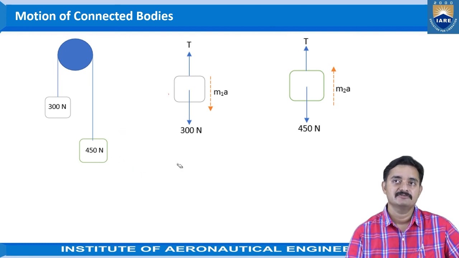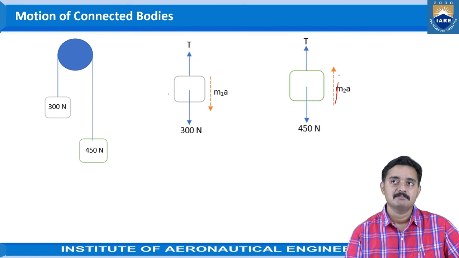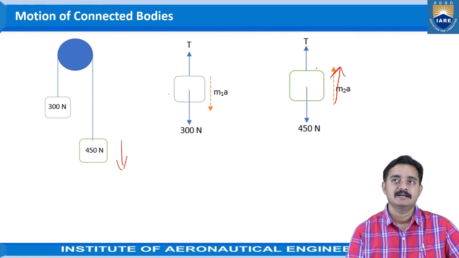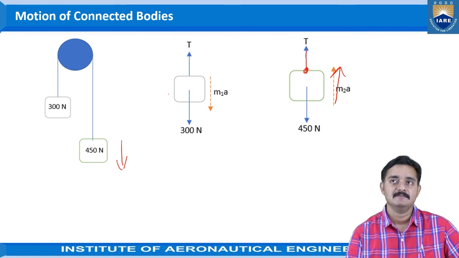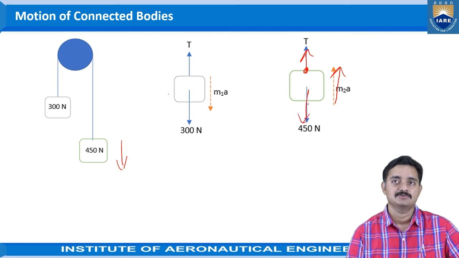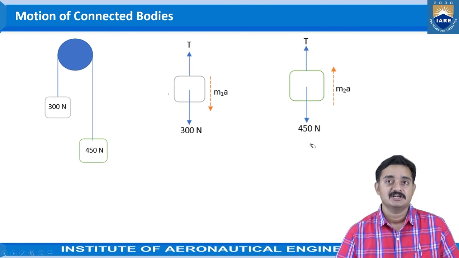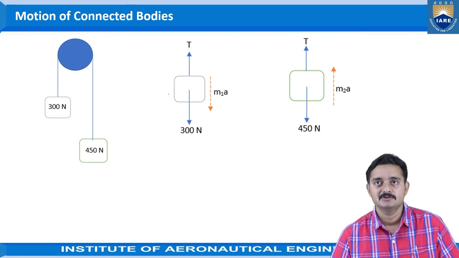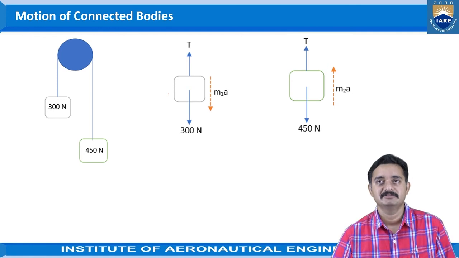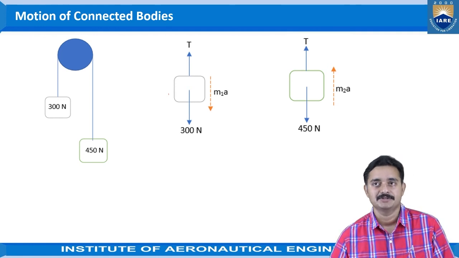So the inertia force will be given in the upward direction, as this 450 Newton has an acceleration in the downward direction, and the tension in the connected string and weight are shown as in the figure. So this is how the inertia force is represented, utilizing D'Alembert's principle, for the connected body motion.